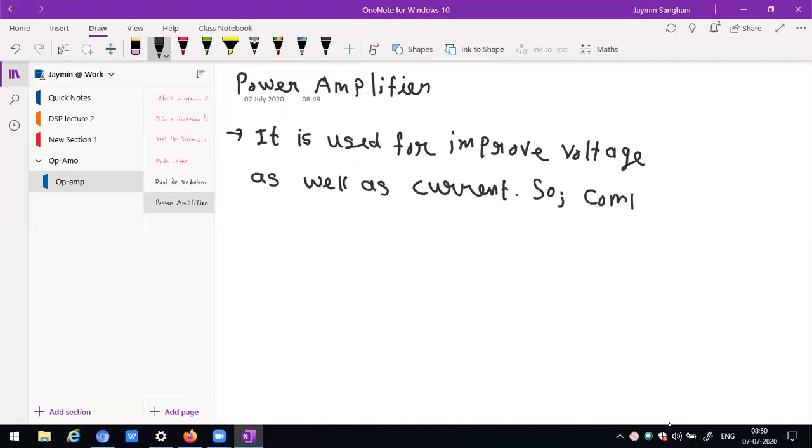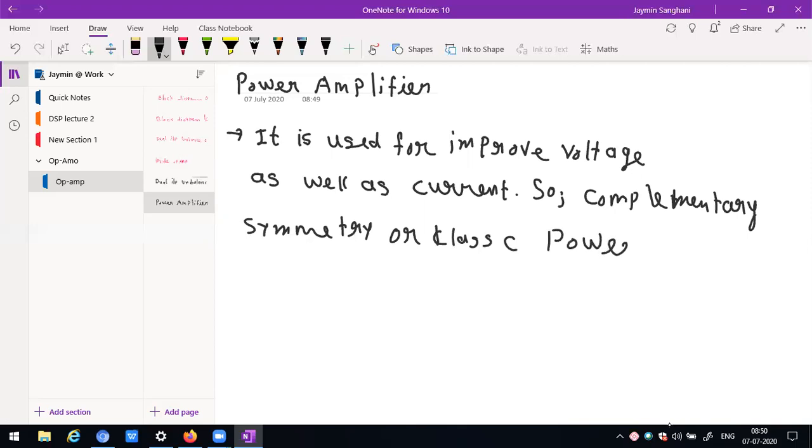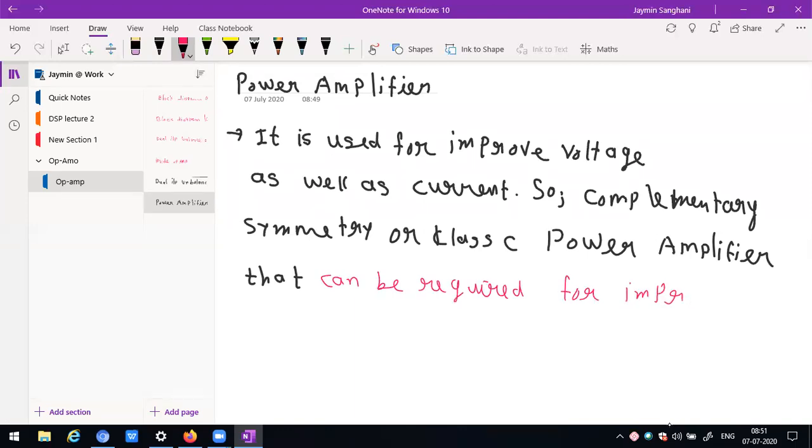So complementary symmetry or push-pull complementary symmetry or class C power amplifier can be required for improving the power gain of the amplifier. So this is the entire block diagram.